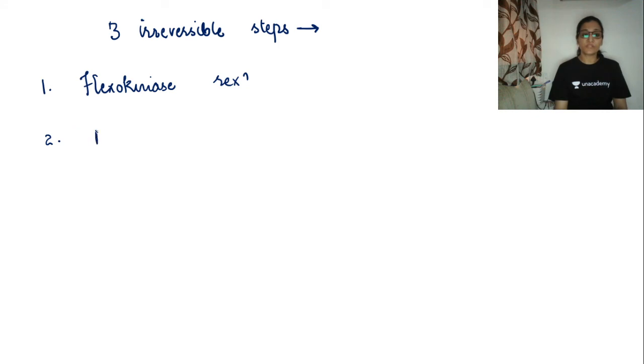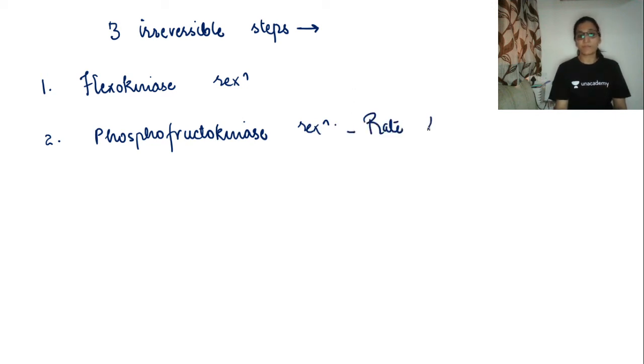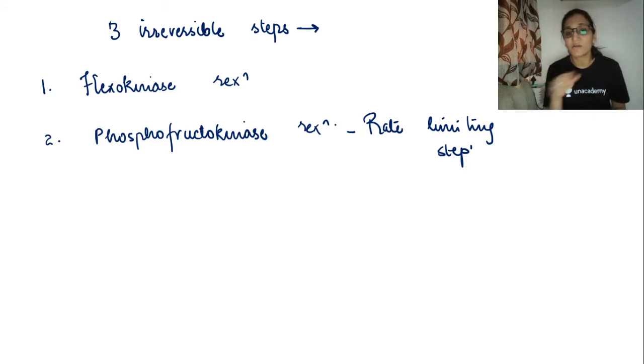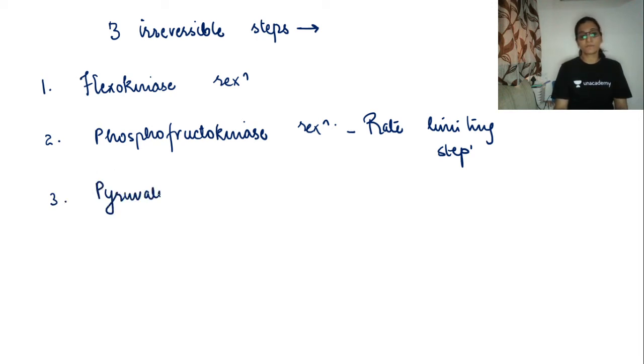Second is the phosphofructokinase reaction, and this step is the rate limiting step. It decides the fate of the whole pathway. Once this reaction has occurred, it cannot go back. So it decides the fate of the whole glucose. And lastly, pyruvate kinase. So these are the 3 irreversible steps of glycolysis.